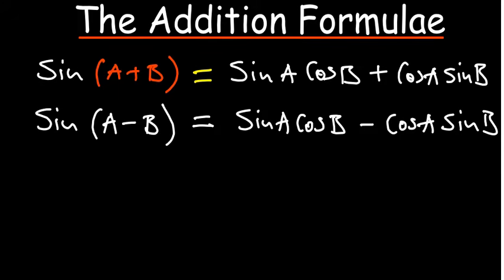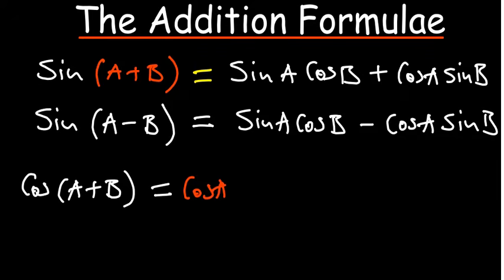So in short, there is a correspondence in terms of the signs when you're dealing with sine. Now let's look at the addition formula for cosine, on the other hand. So for cosine, if you have A plus B, unlike what we saw under sine, what's basically going to happen is we'll apply cosine to both A and B. So it will be cos A, and as we expected for sine, it was going to be sine B, but this time around, it will just be cos B again.